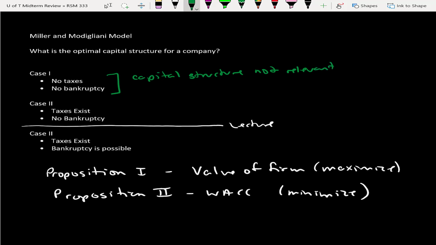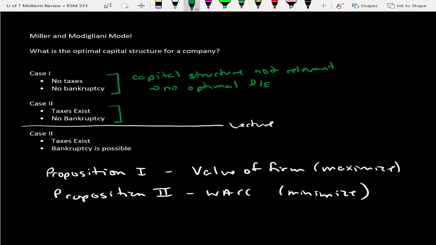So what that means is there is no optimal debt to equity ratio. Sounds odd. It says the value of the firm will never change, the cost of capital will never change, but they've made some very odd assumptions. No taxes, no bankruptcy.